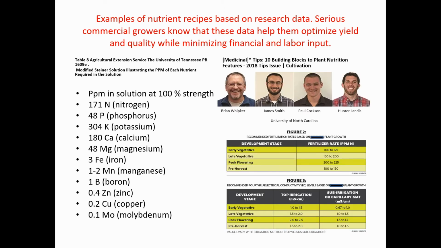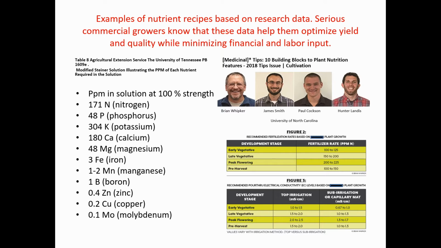This is important to floriculture growers and food production growers, and also to those of you who are in the high-value medicinal world. The team from University of North Carolina of Brian Whipker, Jim Smith, Paul Coxon, and Hunter Landis do a lot of research on optimal conditions and nutrient solutions for the medicinal sector.